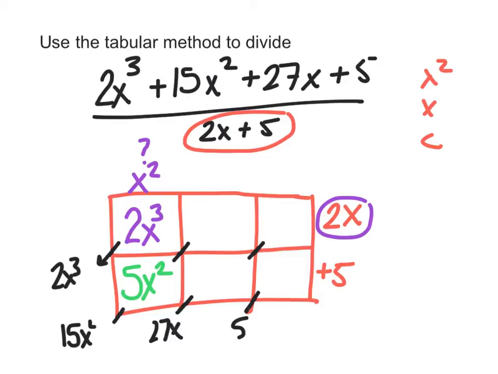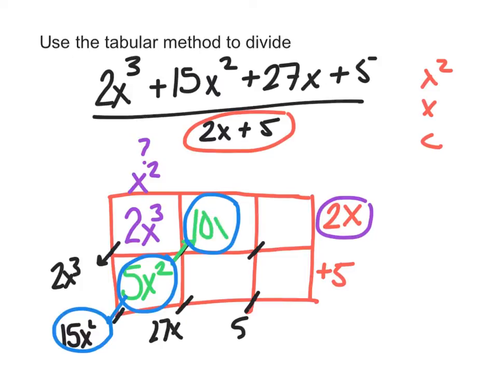Okay, so now I'm going to go up to this corner because I know together, and I'm going to try to circle them and not make too much of a mess, this term and this term have to total 15x squared. Well, if you already have 5x squared, what would you add to it to get 15x squared? Hopefully you're just saying 10x squared.